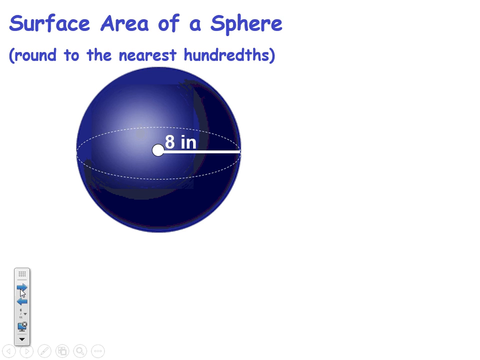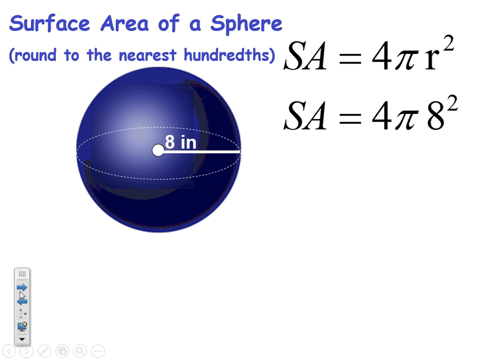Here we go, the first one. We need to find the surface area of this sphere. So I give you this, the dimension of this sphere is 8 inches for the radius. We know our equation is surface area equals 4 pi r squared. So what we need to do is plug in our radius, our r. When we do that, we're going to have surface area equals 4 pi 8 squared.